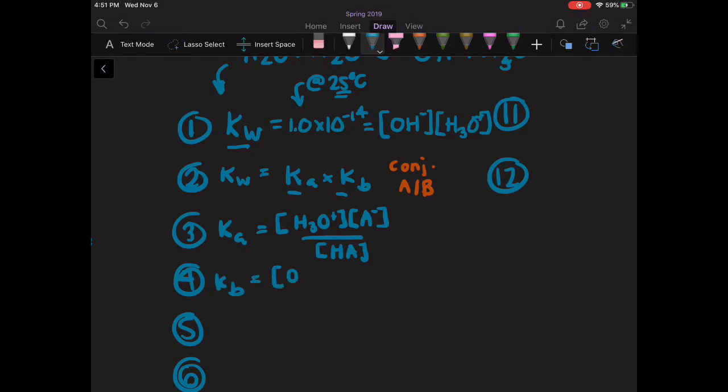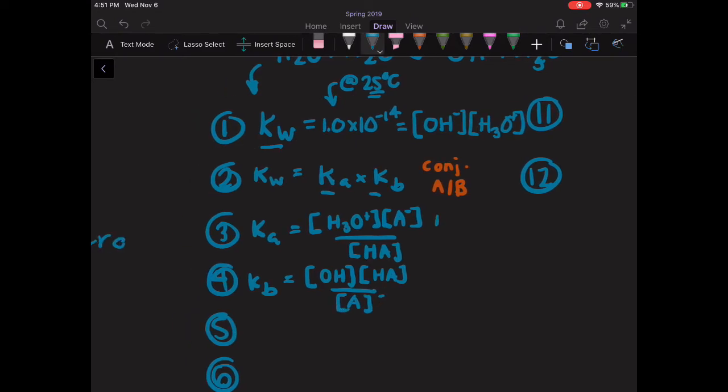It's the concentration of hydroxide times the concentration of that acid over A minus. And if you think of this in terms of equilibrium, products over reactants, something that has a high product concentration is going to have a large Ka.